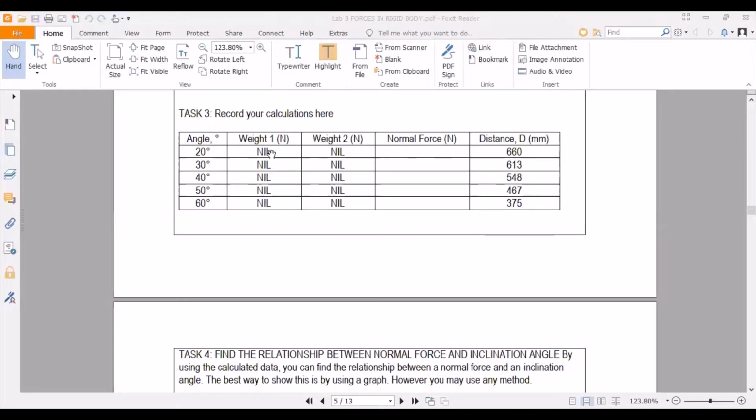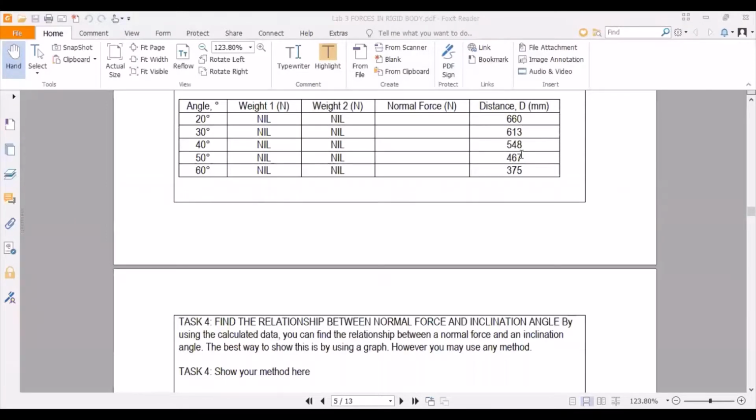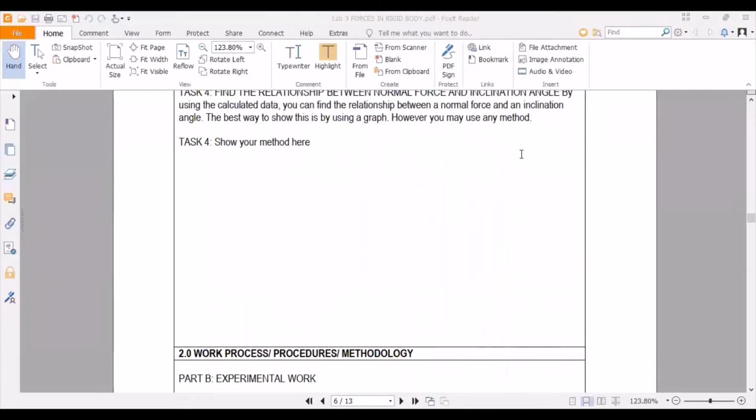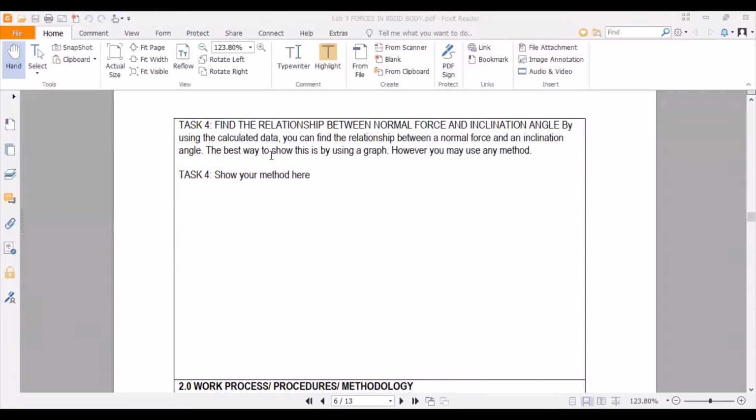Please complete based on the video. And for normal force, calculate from the equation the final value if the angle is 20 degrees with the distance 660. After finishing task 3, now we go to task 4.